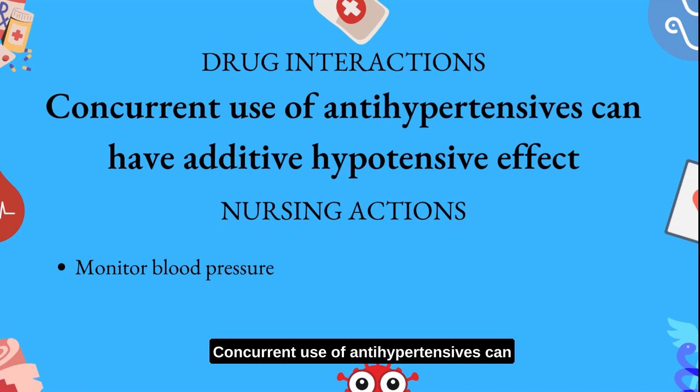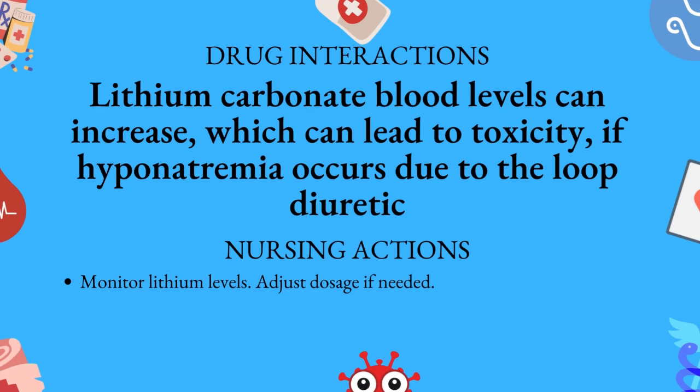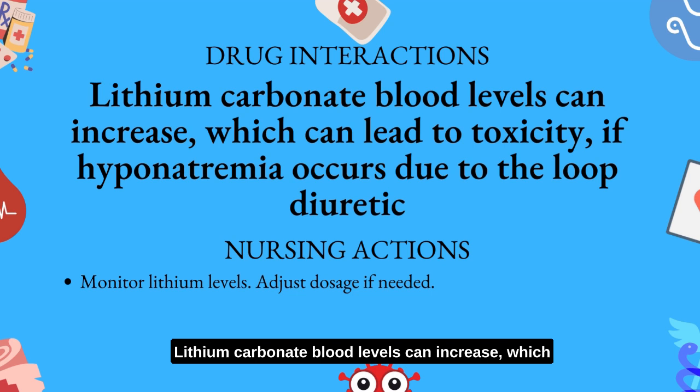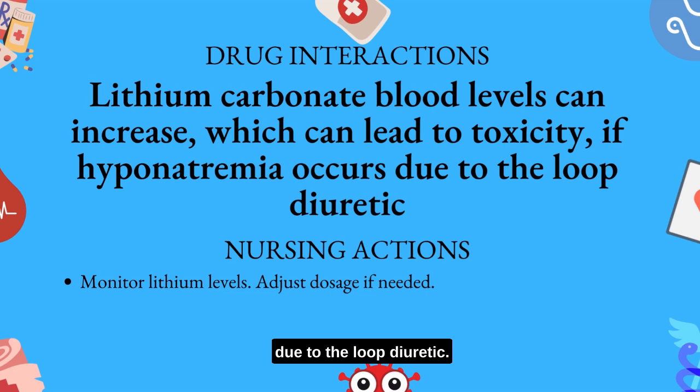Concurrent use of antihypertensives can have additive hypotensive effect. Nursing actions: monitor blood pressure. Lithium carbonate blood levels can increase, which can lead to toxicity, if hyponatremia occurs due to the loop diuretic. Nursing actions: monitor lithium levels.